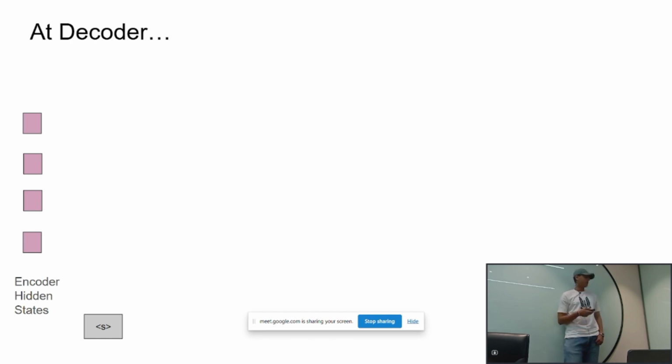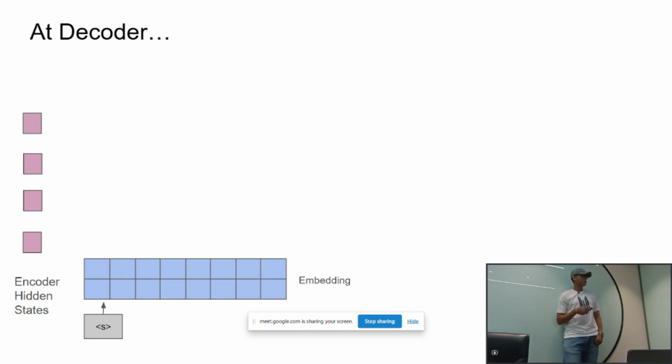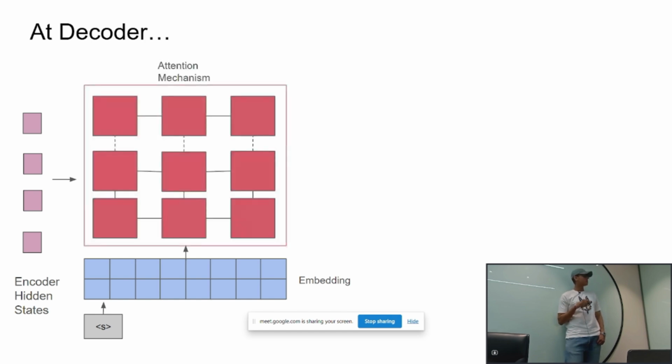It could be something like this, which is a start token. Now you pass this token again through an embedding because we need a numerical representation. Then you take the embedding of the start token and the encoder hidden states, and you pass them through another attention mechanism, but this time on the decoder end.